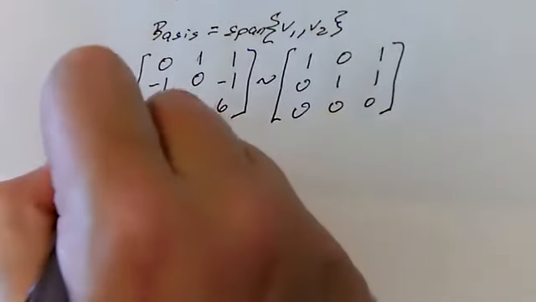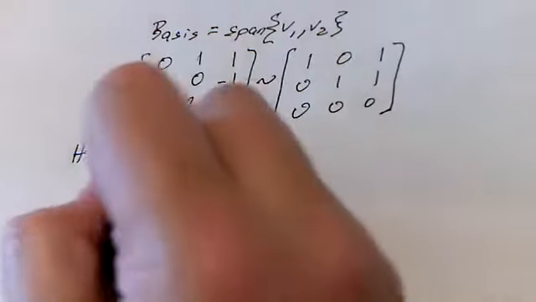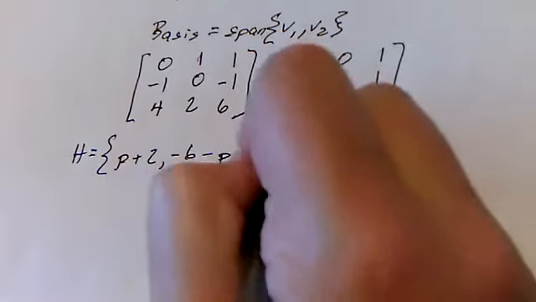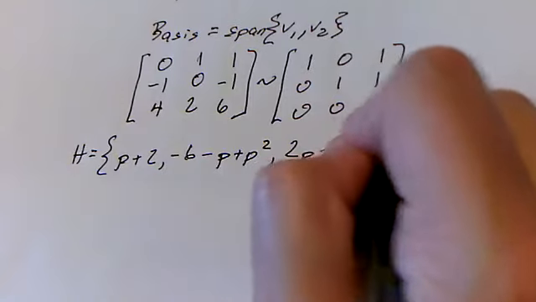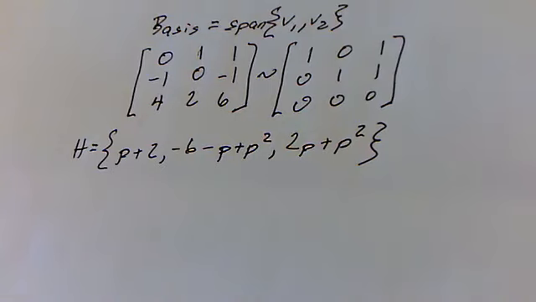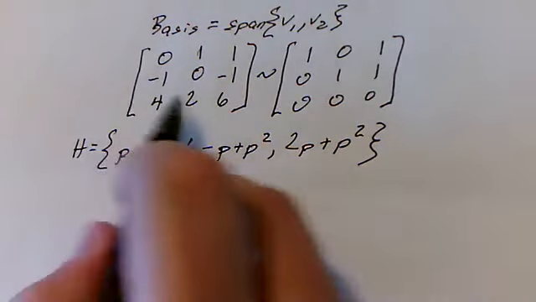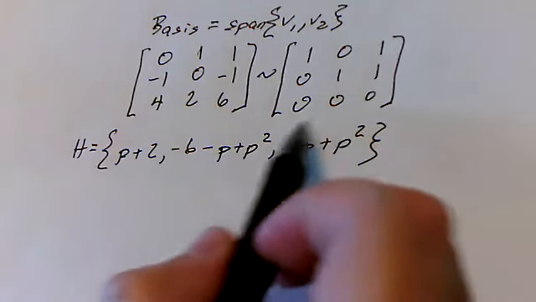So let's look at another one here, the same type. So H is the span of these vectors p plus 2, -6 minus p plus p squared, and 2p plus p squared. Again, spotting exactly what might relate here may be a little challenging, so you can always set up the matrix. But I see that I don't have a constant term here in the third one.